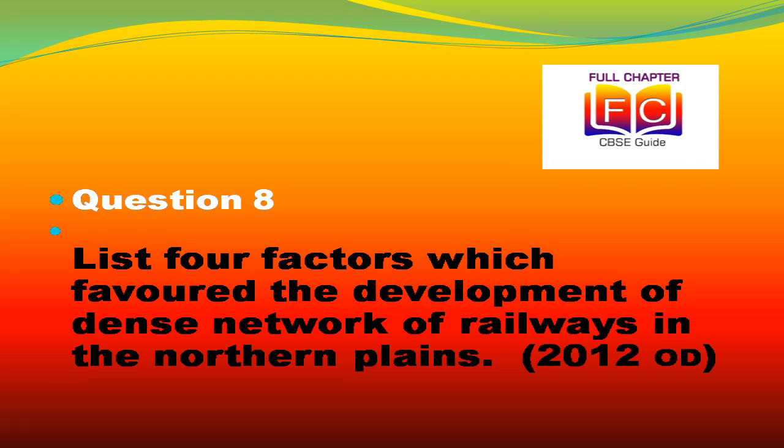Next question. List 4 factors which favored the development of a dense network of railways in the northern plains. Answer. 4 reasons for dense network of railways in northern plains are: the vast level land provided the most favorable conditions for their growth. It is cheaper and easier to construct railway tracks here.